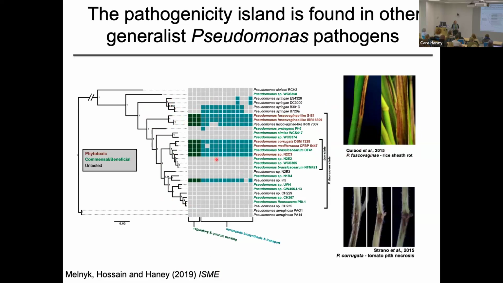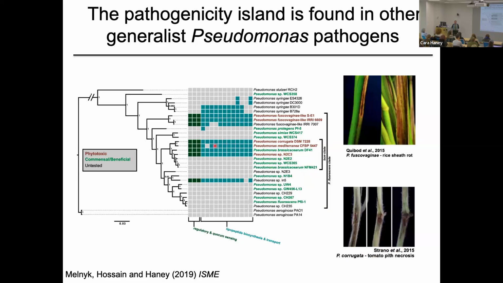It seems it's also been transferred into Pseudomonas fluorescens, including things like Pseudomonas corrugata, which is another agricultural pathogen. It causes pith necrosis of tomato, but of other crop species as well. And these corrugata strains are actually well within what we would call fluorescens. And so it seems that this is a Pseudomonas fluorescens virulence mechanism.